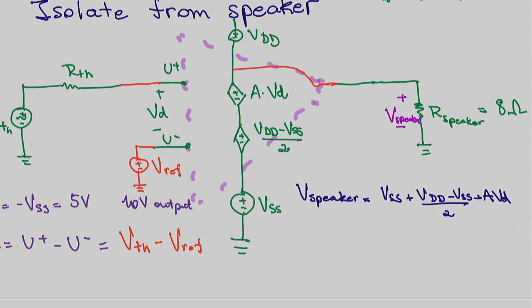There we go. So what did I do? I applied KVL for this loop where V speaker is, going from minus to plus, minus to plus, minus to plus, minus to plus. So I have VSS plus (VDD minus VSS) over 2 plus A times VD equal V speaker.